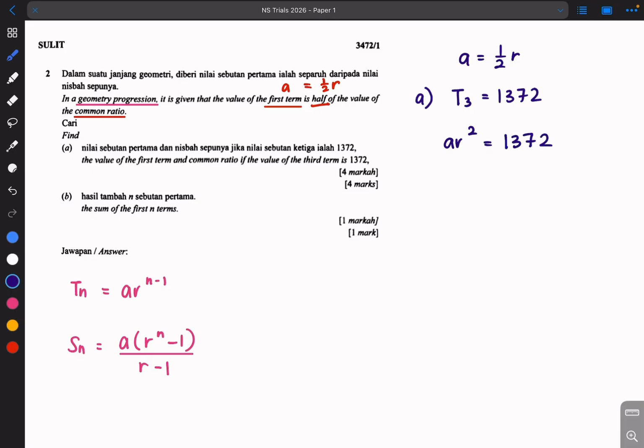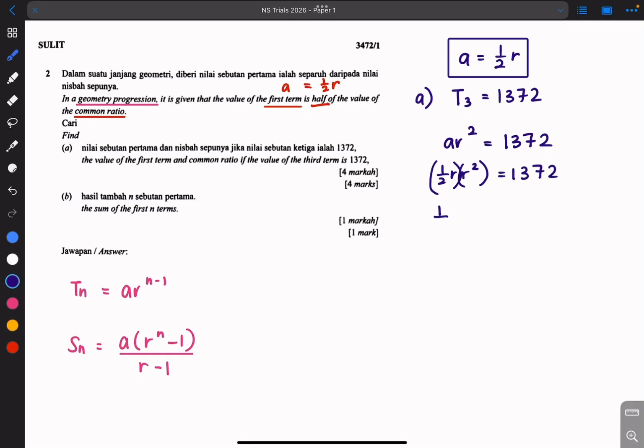So we get this. Since we already know A is 1 over 2R, we sub this into A. This is the information they gave us earlier. So 1 over 2R times R squared equals 1372.